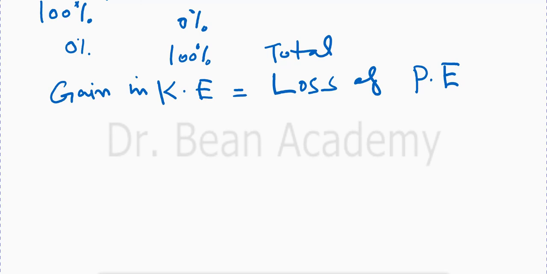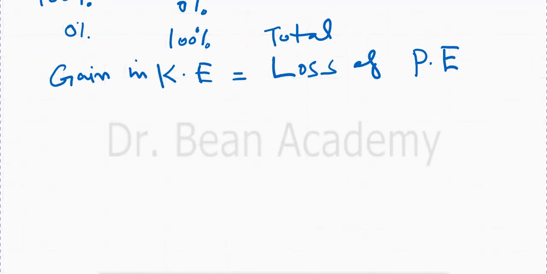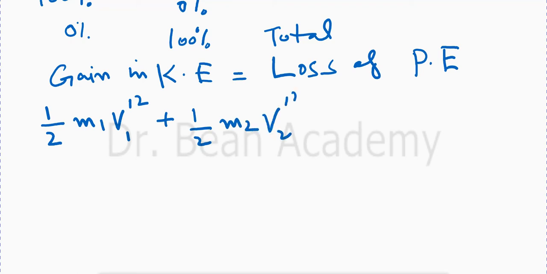So I can write that equation here. The total kinetic energy will be the kinetic energy of mass m1 and the kinetic energy of mass m2. Of course, that is the total kinetic energy of the system. So in mathematical form: half m1 v1 prime squared plus half m2 v2 prime squared, the kinetic energy of mass m1 plus the kinetic energy of mass m2, and it is equal to the total loss of potential energy.